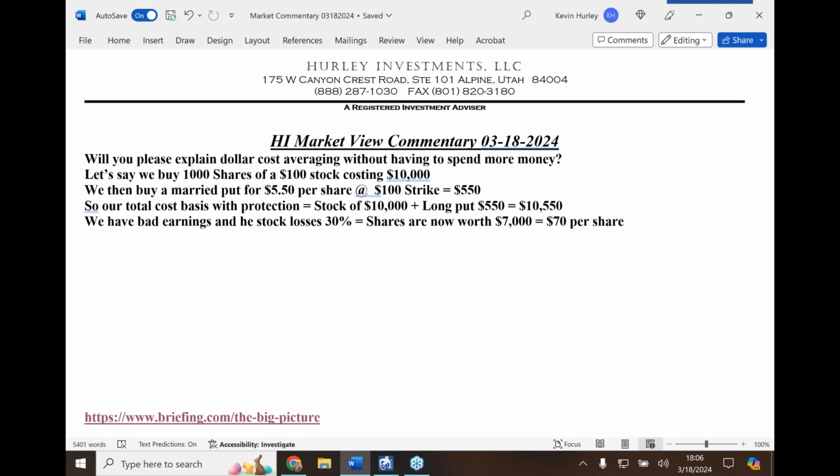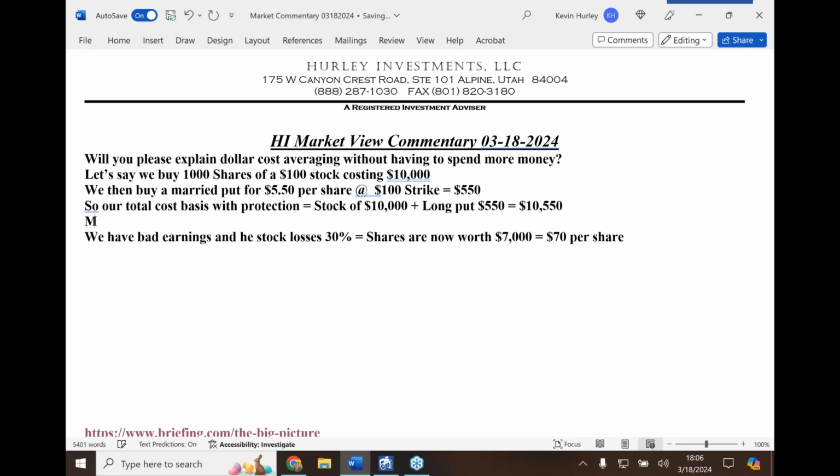That's what our shares have lost. Remember, the maximum loss with $100 long puts was the cost of the long puts, $550 or 5.5% of total invested capital. But we had a stock that lost 30%.